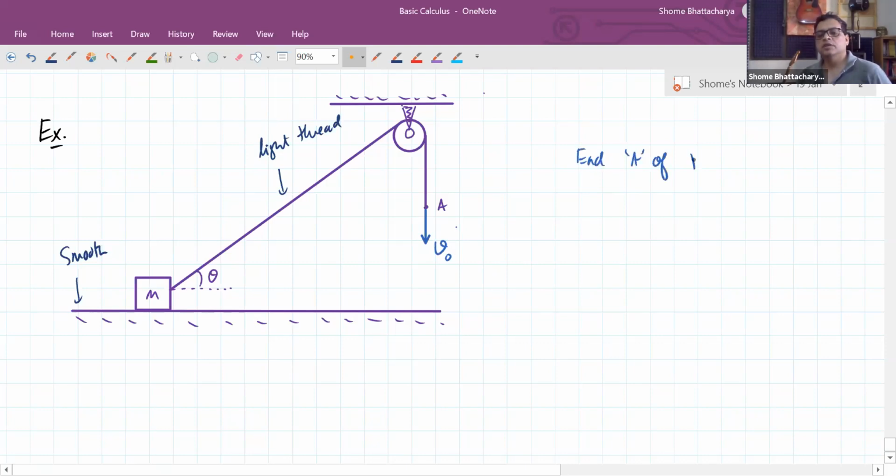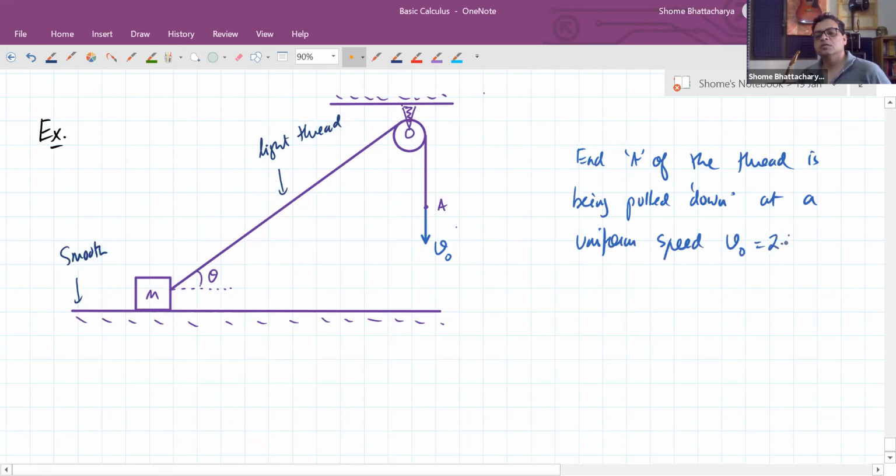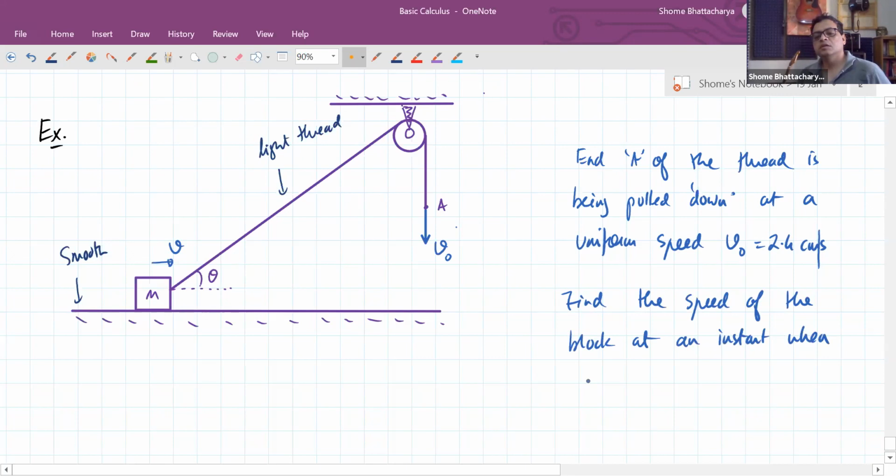Okay. So the end A of the thread is being pulled down at a uniform speed V naught equal to, let's say, 2.4 centimeters per second. So now we want to find the speed with which the block will be moving. Find the speed of the block at an instant when theta is equal to 37 degrees.